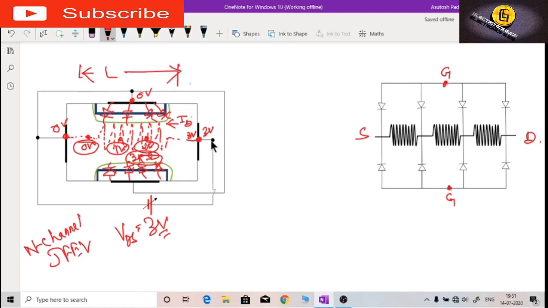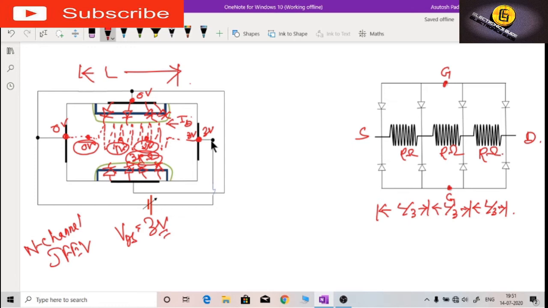Now, the right side figure has 3 resistors, and the length of each resistor is L by 3. Each resistor has a resistance value of R ohm. That means the equivalent resistance from source to drain is 3R, which is previously present between drain and source.